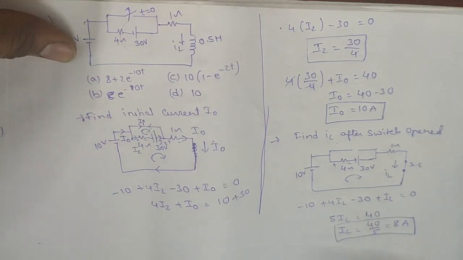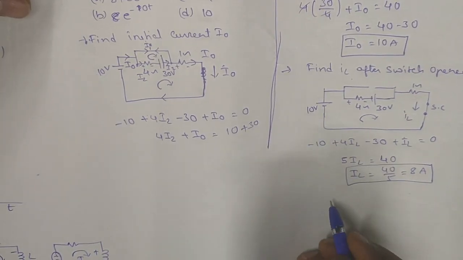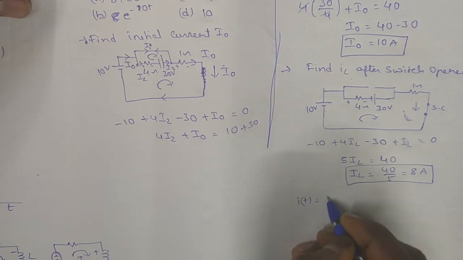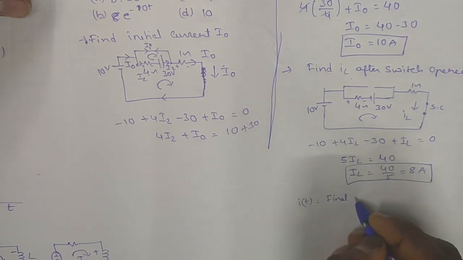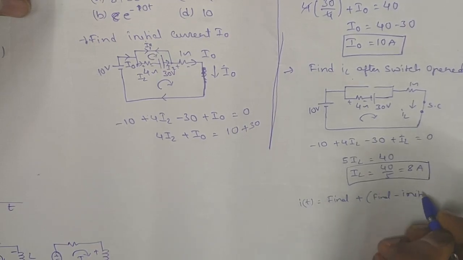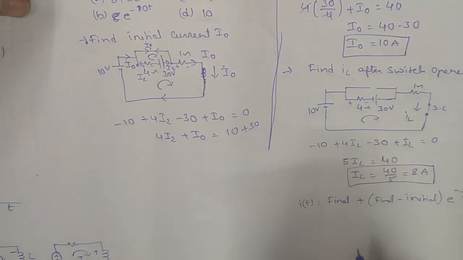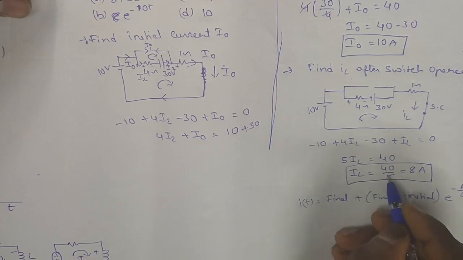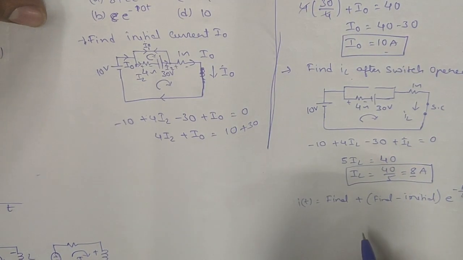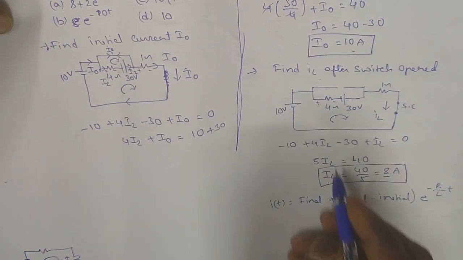So from this we can write the current equation. I of t is equal to final value plus, final value minus initial value, into e power minus R by L into t. We get final value as 8 amps, initial value as 10 amps. So we need to find R and L from this circuit.